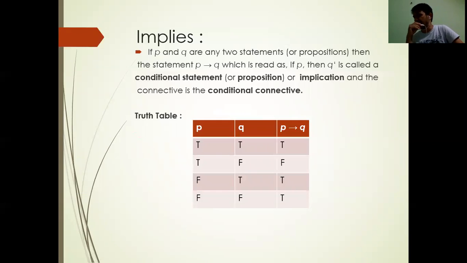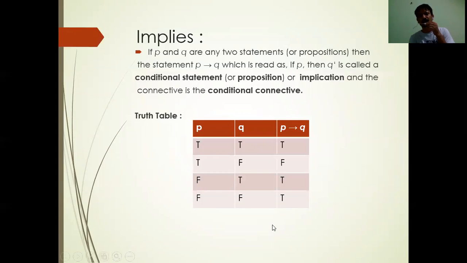Implies. So if P and Q are any two statements or any two propositions, then the statement P implies Q, which is read as if P then Q, is called the conditional statement or implication, and the connective is the conditional connective.